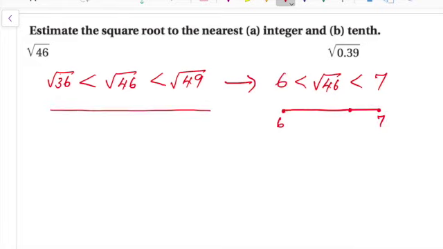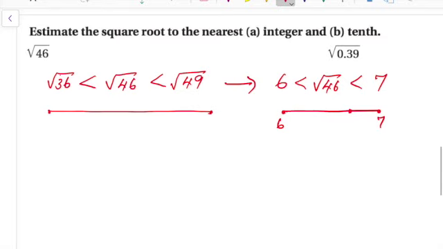Now if I do the segment here between 36 and 49, I have 13 units, that is 49 minus 36. So the square root of 46 is somewhere here. Let's write down the mixed number.